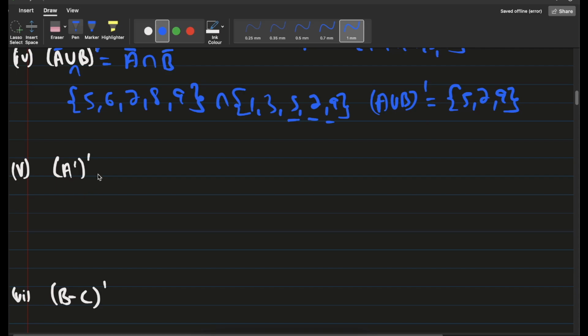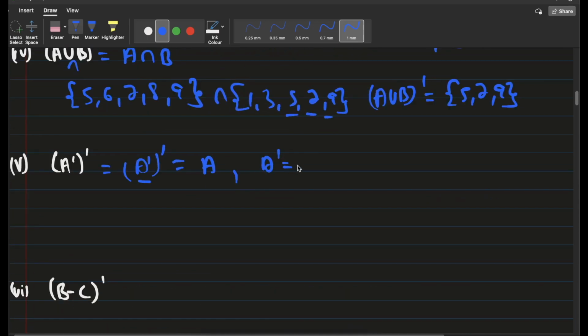This question we have discussed in our properties of complement. Let's now verify it. What is it saying? That take A complement, then complement it once again, and we get A only. Let's check it. What we have to do in this case is first complement A. A complement was 5, 6, 7, 8, and 9. Now we have to complement it again.